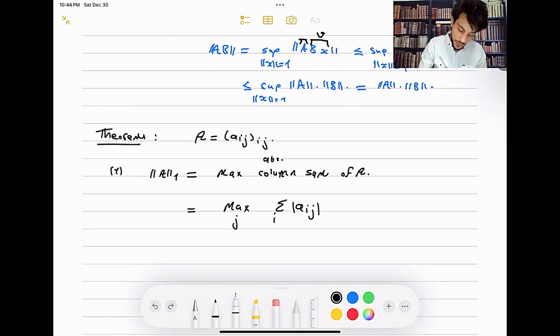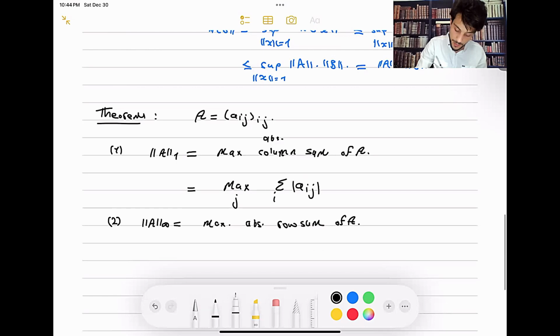And the second part of the theorem is that the infinity norm of A is just the maximum absolute row sum of A. And that's the maximum over all rows where we sum the row entries over j.